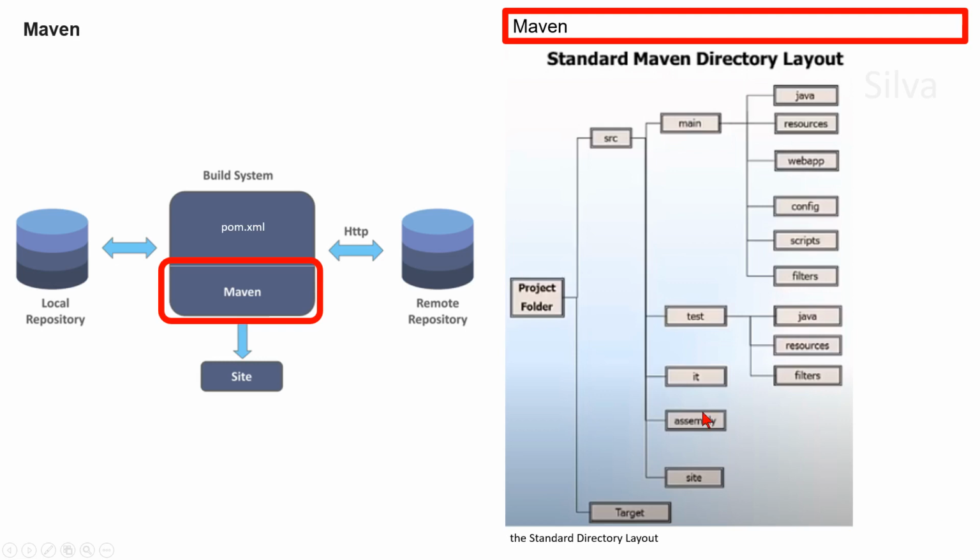Within artifact-producing source directories, that is main and test, for the main, there is one directory for the language, Java, under which the normal package hierarchy exists, and one for resources.